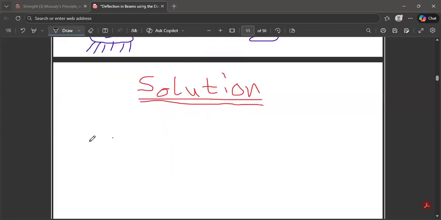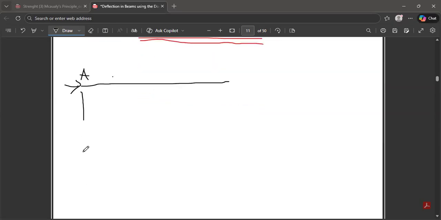In our free body diagram, this is just the same as this. And if here is A, it implies that this is going to be our reaction at A, and this is also going to be our horizontal force at A. Also, this is our point load of 80 kilonewton.